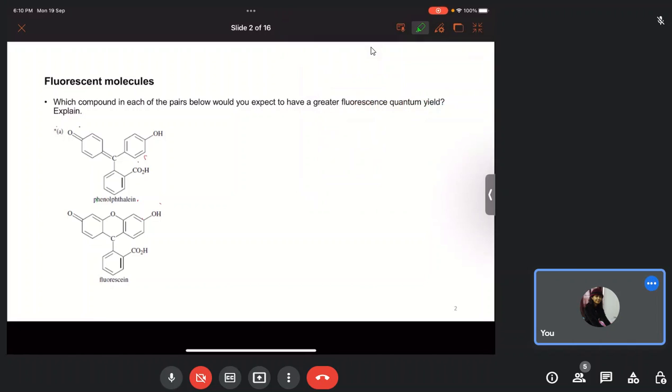If you look at phenolphthalein or fluorescein, both of them are molecules which give fluorescence, and we have been asked to find which will have a greater fluorescence quantum yield.